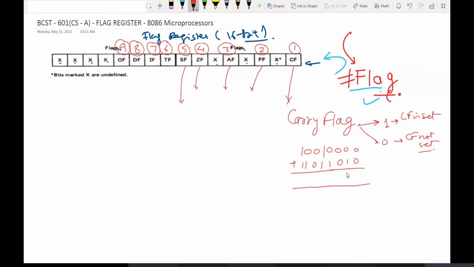What will be the answer of this? Anyone? Is this Boolean expression visible or not? Is it really tough to solve? Sir, 1 carry 111011010. All right. Anyone else?